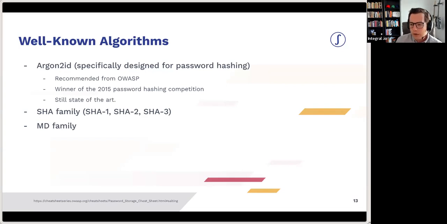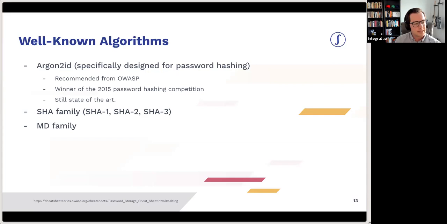The more well-known algorithms that developers are generally more familiar with are the SHA family of algorithms. That stands for Secure Hashing Algorithm. That's created by the NSA, who has a very valid stake in needing to know about hashing algorithms and needing to make a good one, which they certainly did, and the MD family of hashing algorithms.